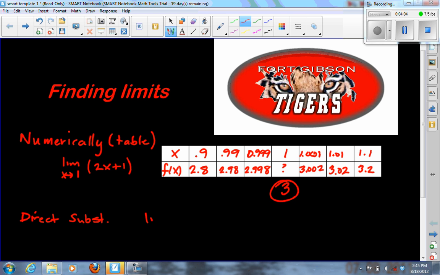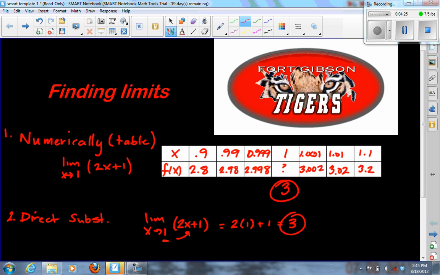So if I asked you the limit as x approaches 1 of 2x plus 1, the next method, this is method 1, this is method 2, is just direct substitution. Just literally take this number and put it in right here, and most of the time direct substitution works. So there's my answer.